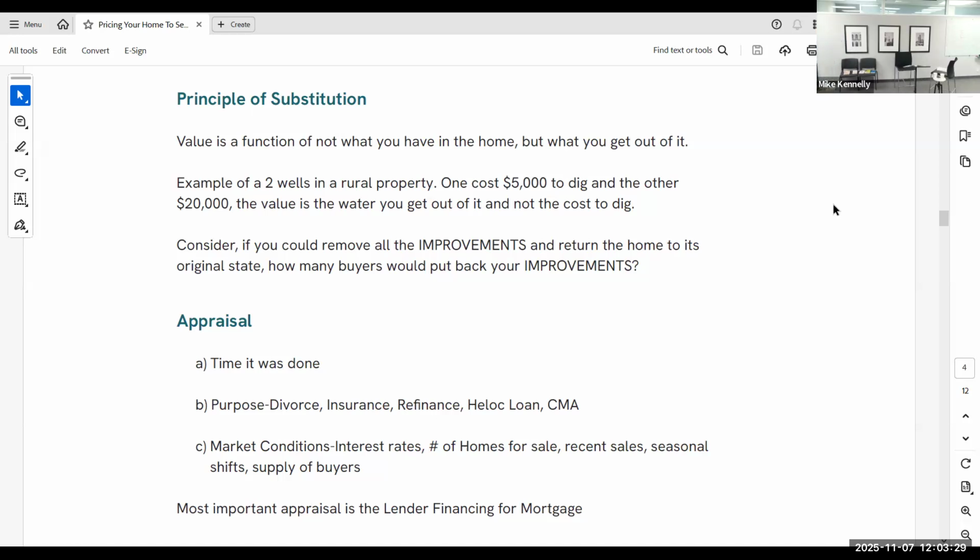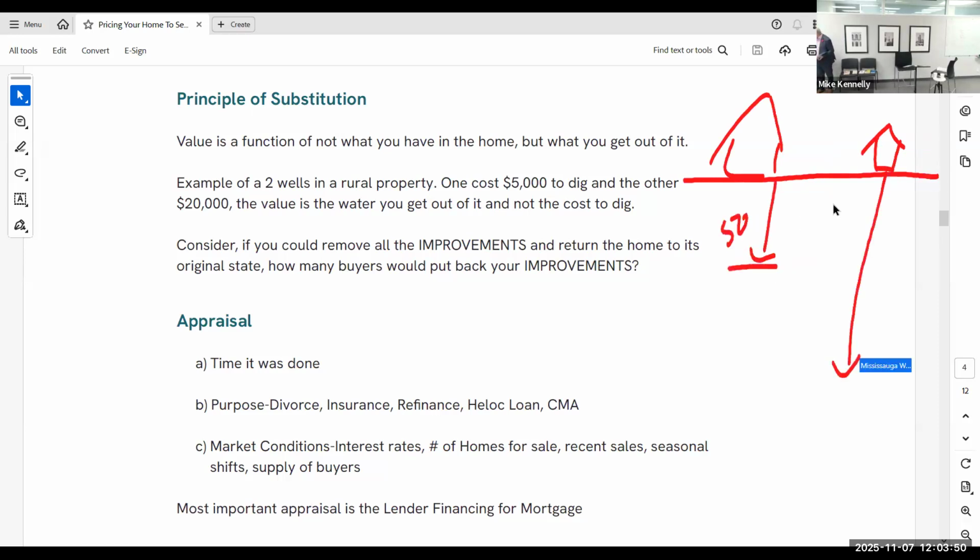So what we talk about with principle of substitution is, let's use a rural property that has a well. Here's the property. This is the ground. Here's property number 2, and they got to dig for a well. This guy digs for his well here, and that's 50 feet. This guy here had to dig 200 feet for his well.